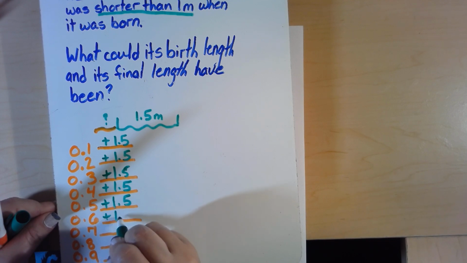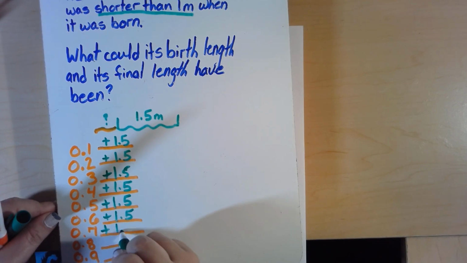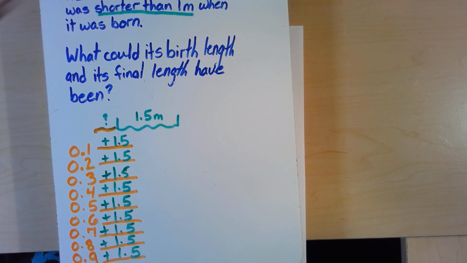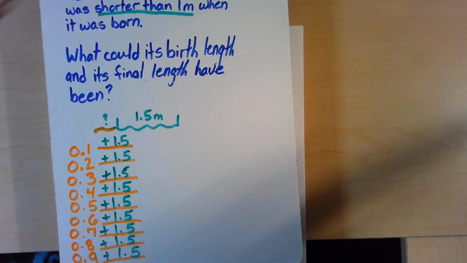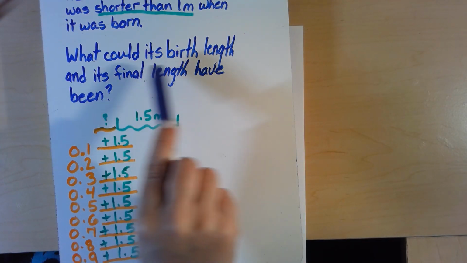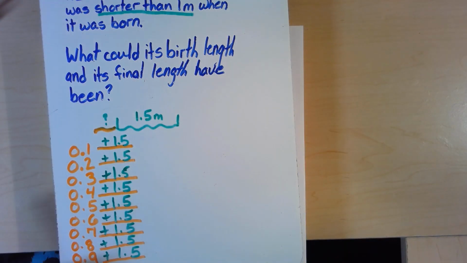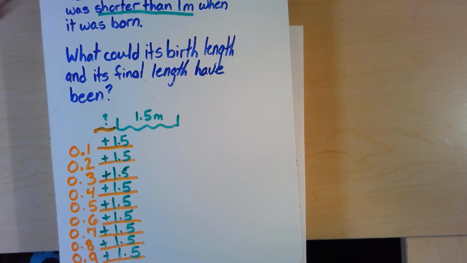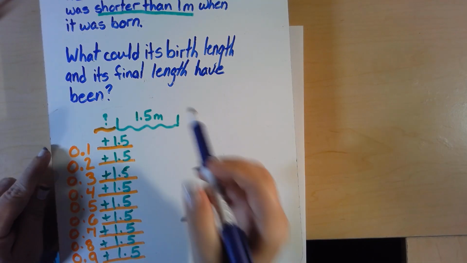I'm just going to keep adding 1.5. I know that all of my answers are going to be higher than 1.5. So, what could its birth length, we figured that out, and its final length have been? Let's see how much we can do in our head.